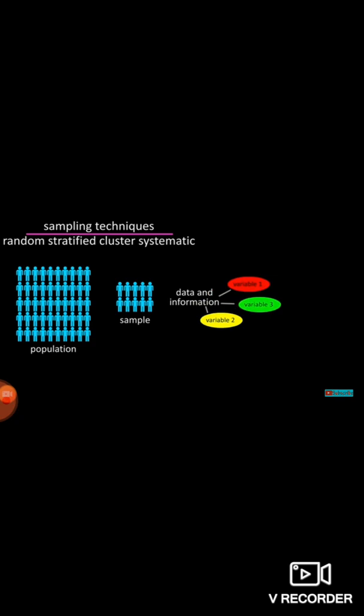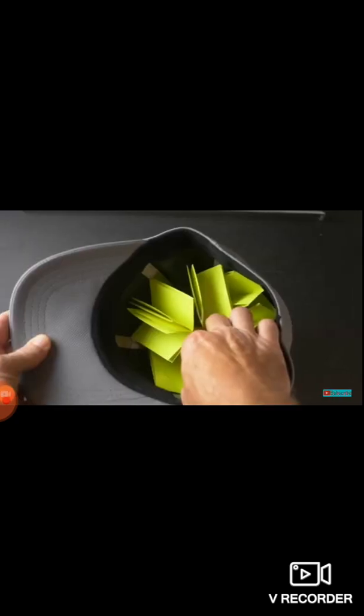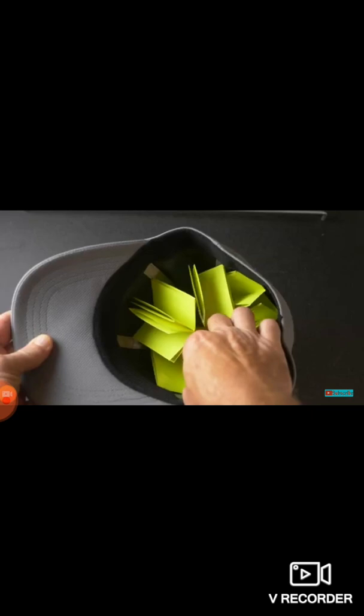The numbering of units and the preparation of slips is time consuming, and sometimes the population is very large, so it might not be possible to use this lottery method, where we give numbers and use a bowl to hold all these slips, and then we draw one by one after shaking it.